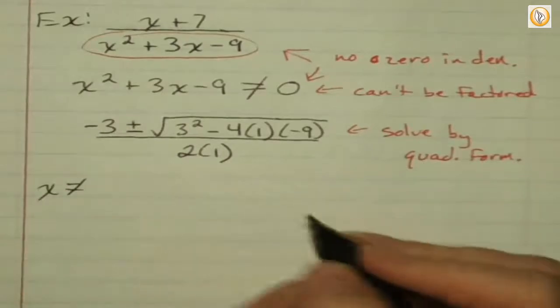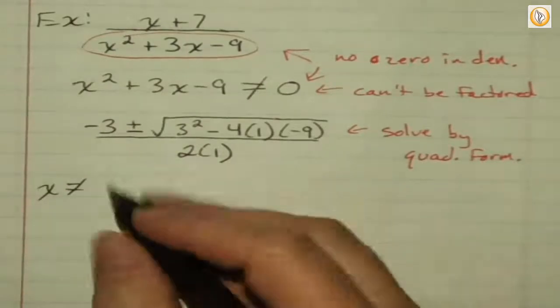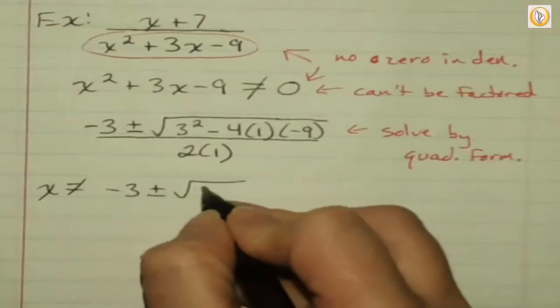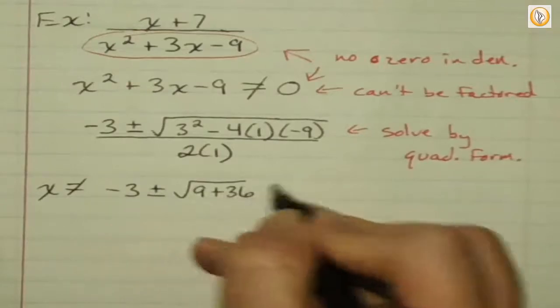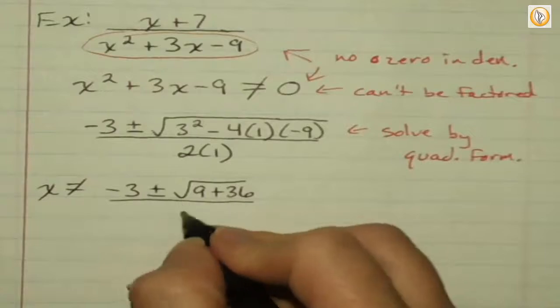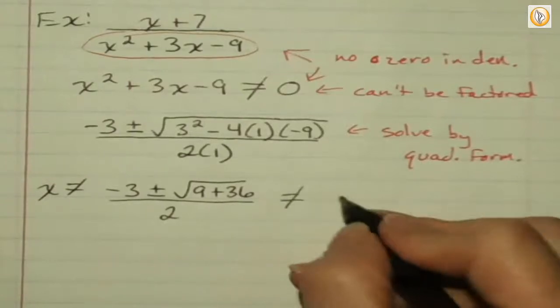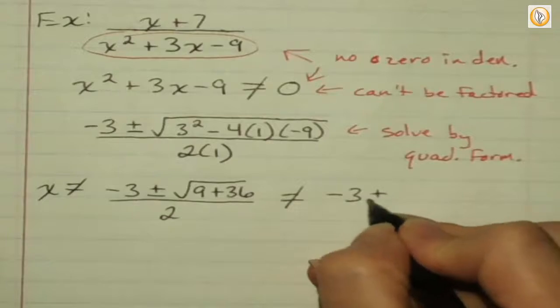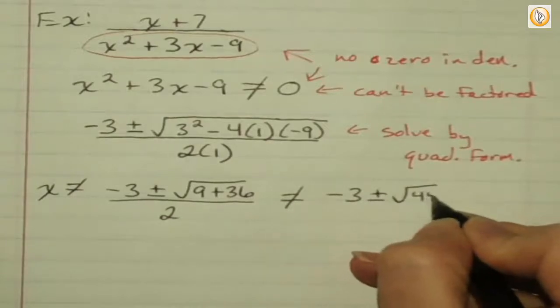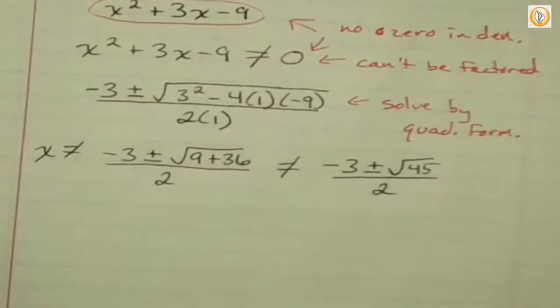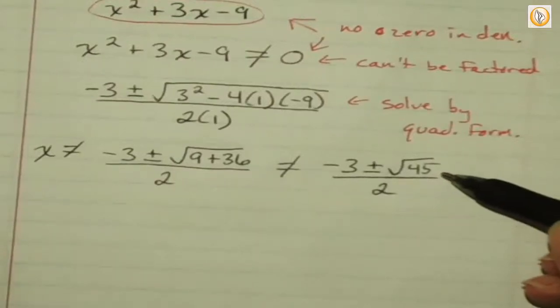So x does not equal, and we can start solving it. And keep going. Negative 3 plus or minus the square root of 45. But we're not done yet. What do I need to do to the square root of 45?